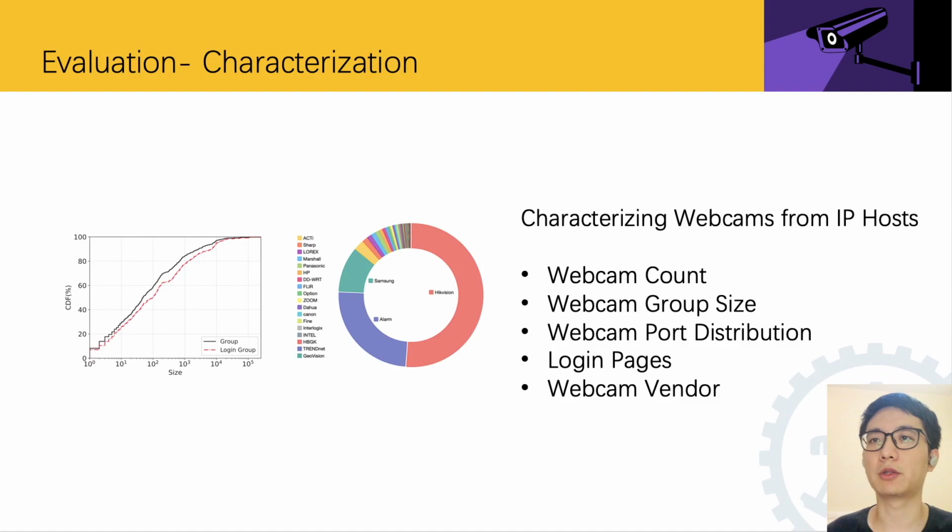With 2.2 million webcam devices found, we run hierarchical clustering over these webcams and obtain over 600 webcam groups. For every webcam group, we provide a vendor label if we can manually locate the vendor name in the packet payload of the group.